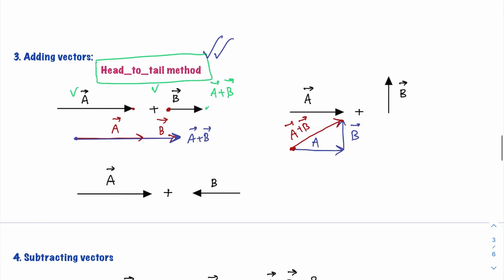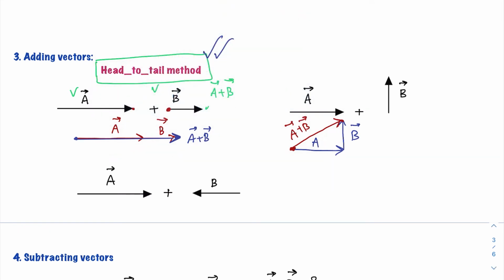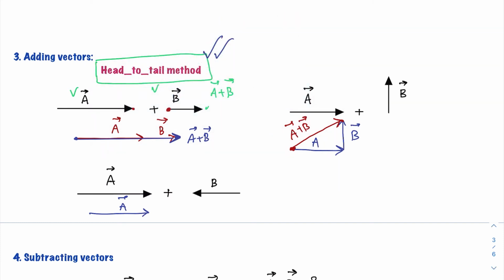Another case, what if one vector is in the opposite direction? Again, the same method, the same technique. Vector A, and again head to tail or tail to head, and this will be my vector B. I will draw it with a different color.